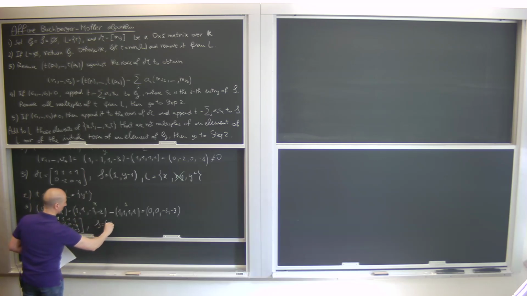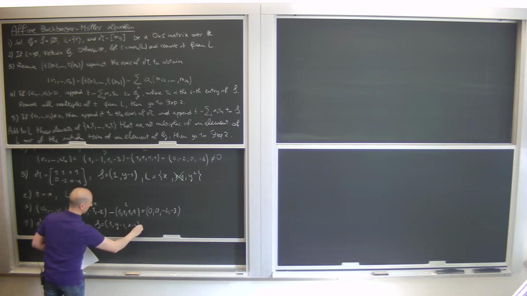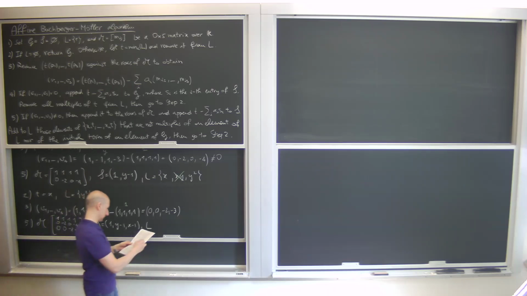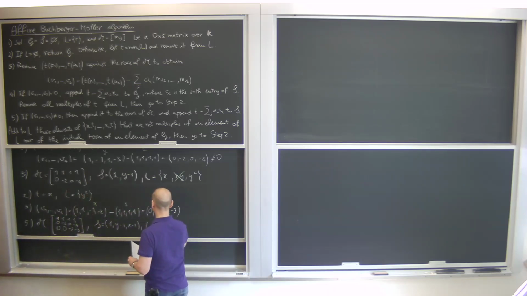S also grows. We append X minus 1. And then we have to repopulate L. So what is it? X, it will be X squared and XY. Right? And I think we take all of them.